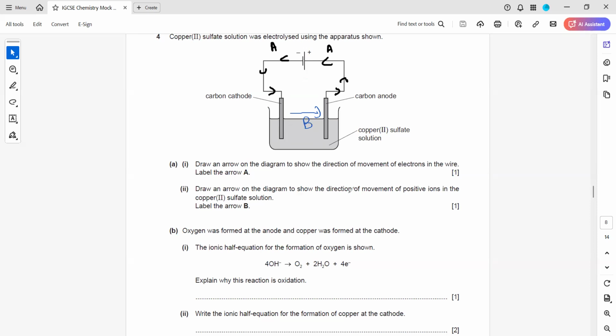Draw an arrow on the diagram to show the movement of positive ions. Positive ions, this is not the right direction. Because this is a negative electrode, or a cathode, the positive ions are always attracted towards the cathode. So this will be the right direction.